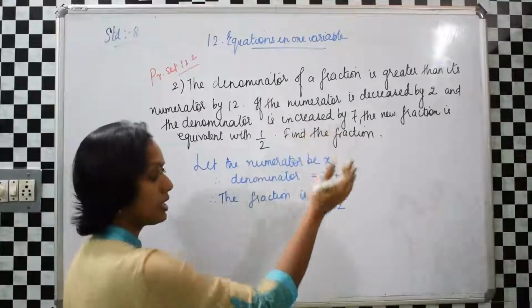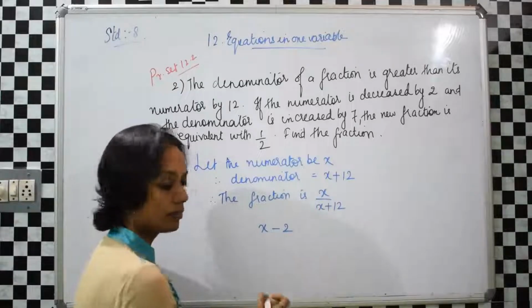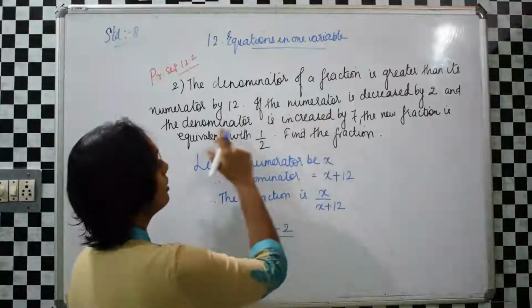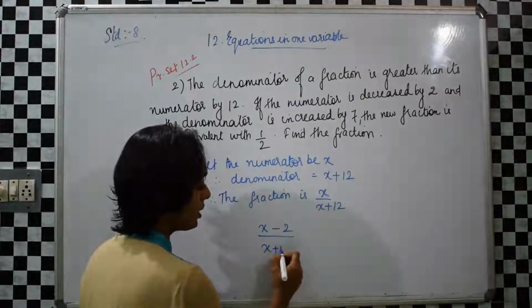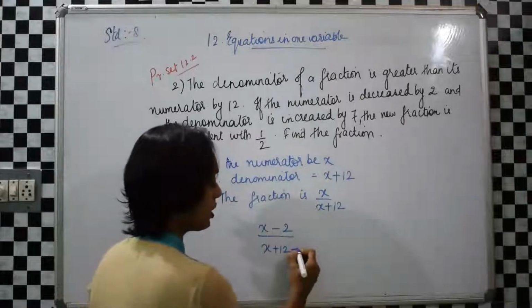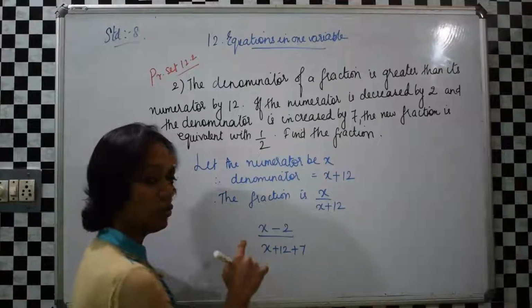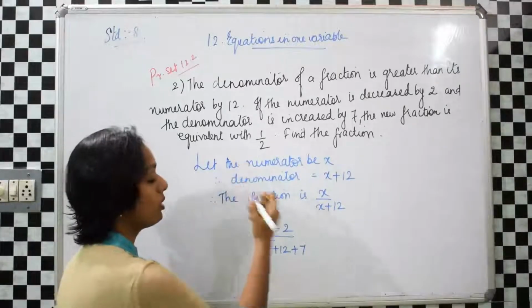If the numerator is decreased by 2, I have to decrease 2 here, and the denominator is increased by 7. What is the denominator already? x plus 12. And what they are saying is if you are increasing it by 7, you have to add 7 here. The new fraction that you are getting will become equivalent to 1 by 2.